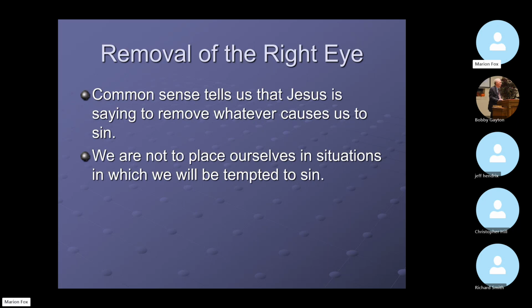We're not to place ourselves in a situation in which we would be tempted to sin. And I see a good example of this: Joseph and Potiphar's wife back in Genesis. He fled away from her, got away from her. Of course, she lied about him.